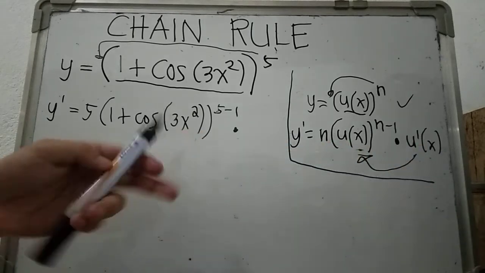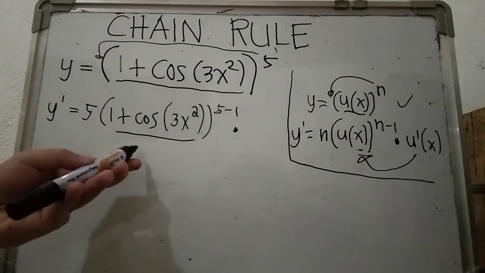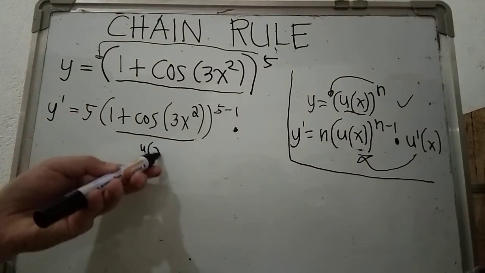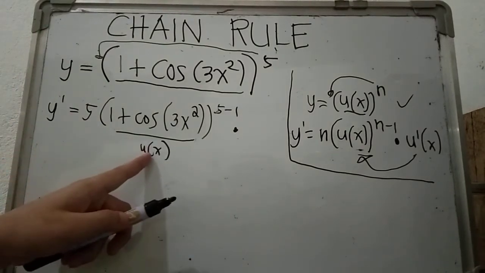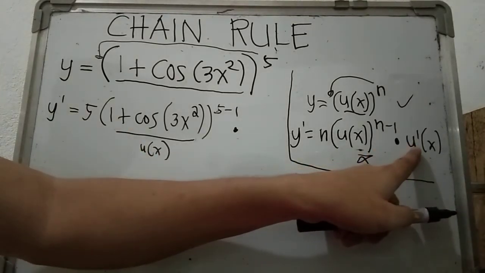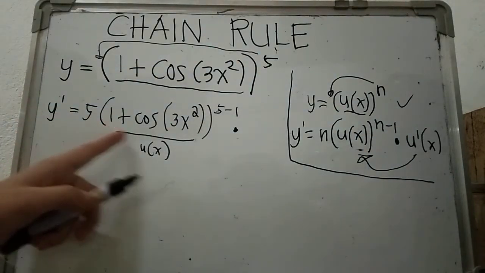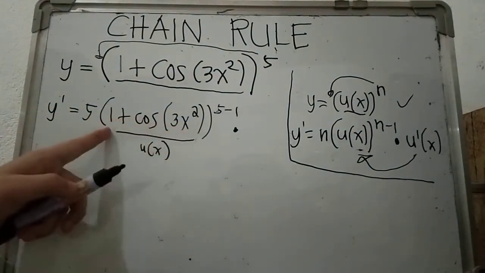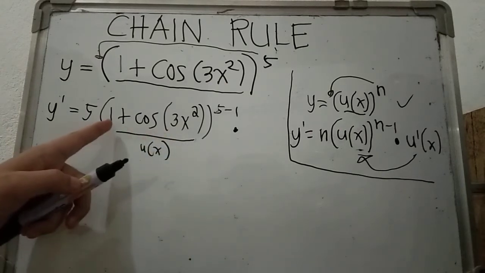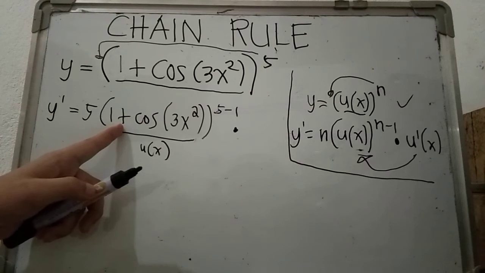At this point, what is our u of x? This is our u function, and we're going to get the derivative of the u, denoted as u prime. Basically, we are going to use the sum rule, because this is the first term and the second term separated by an addition operation.